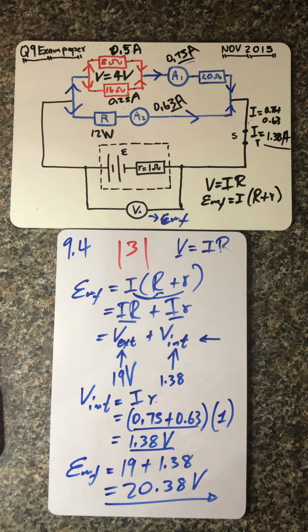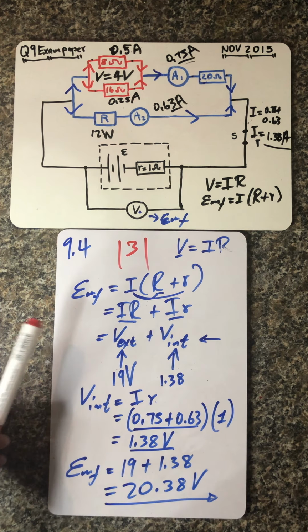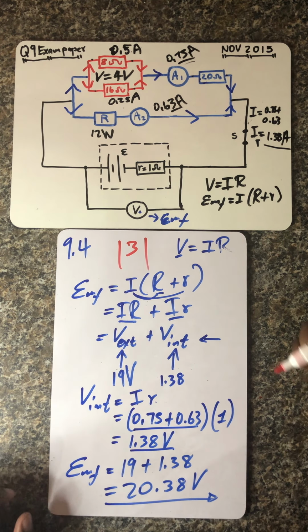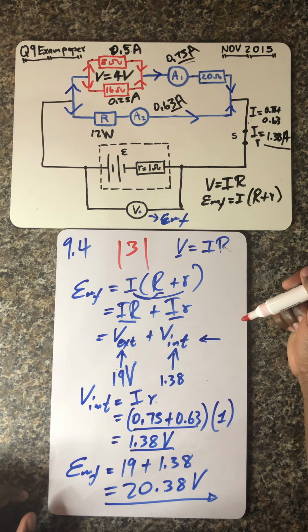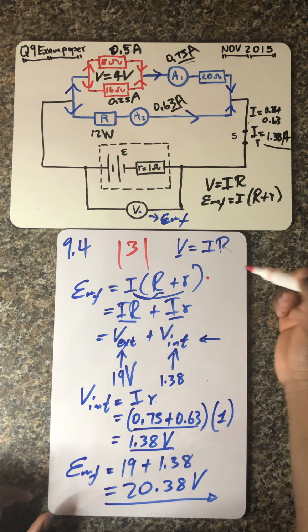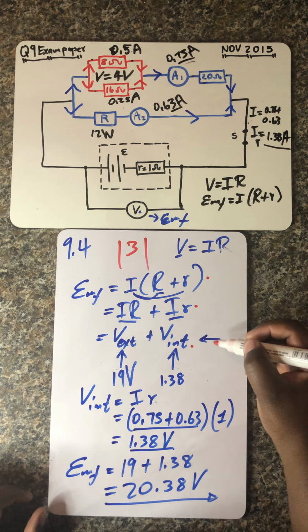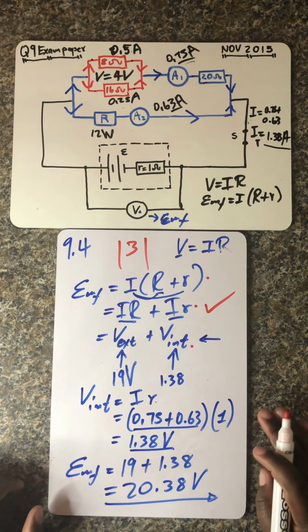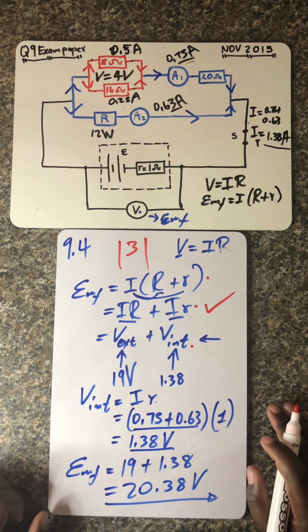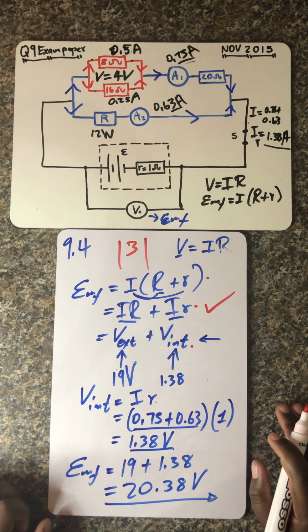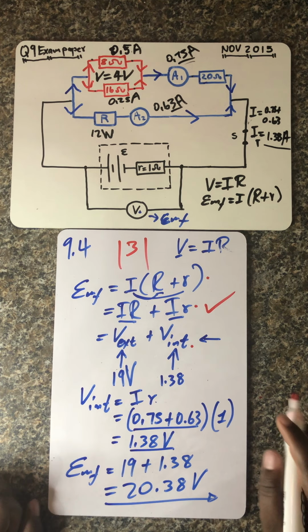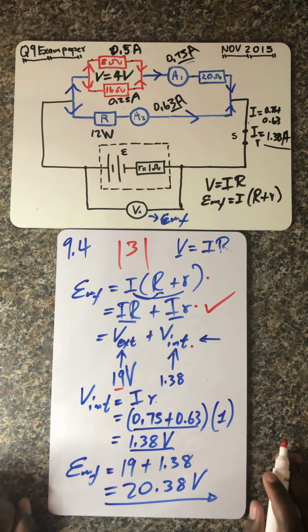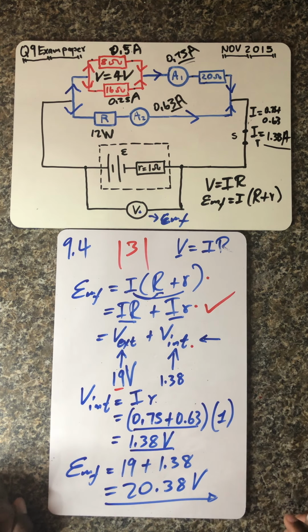So where do you score some marks? Okay, so let's see. If I'm marking your paper, then I'm going to give you a mark for just writing the correct formula. So it's either you wrote that formula, this formula, or that formula, I'm just going to give you a mark. After getting a mark for that formula, then I know you already have this as your V external, so I don't need to give you a mark there.